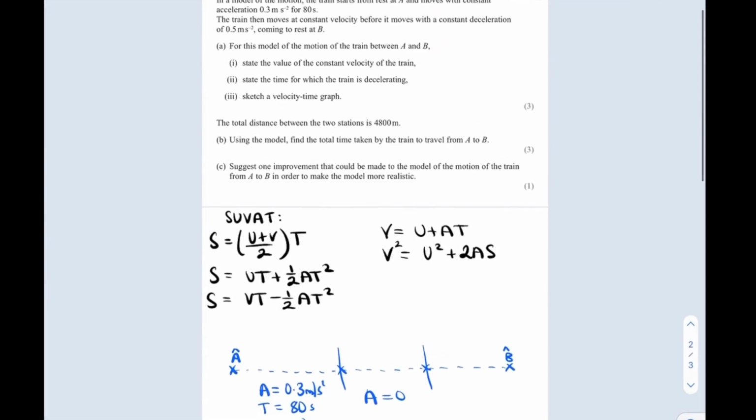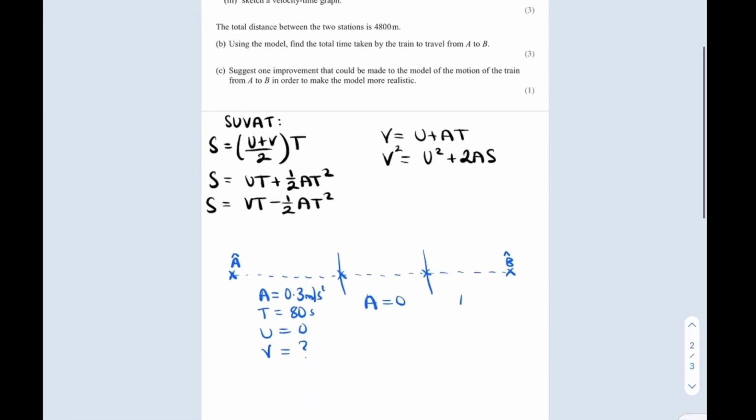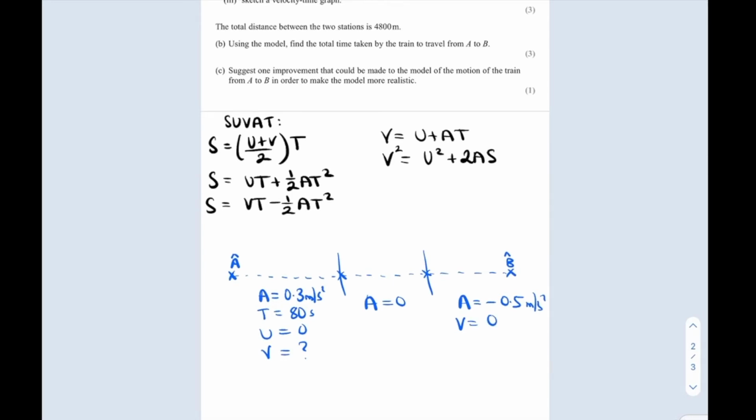It says the train then moves at constant velocity before it moves with constant deceleration of 0.5 meters per second squared, coming to rest at B. So my acceleration on this last part is negative because it's deceleration, and I'm told that the final velocity is 0. So that basically sums up the information that we're given in a nice little diagram.